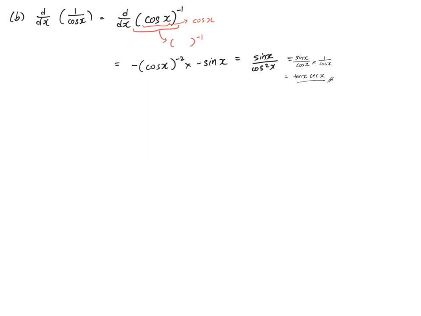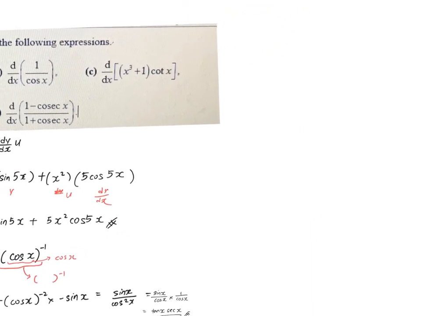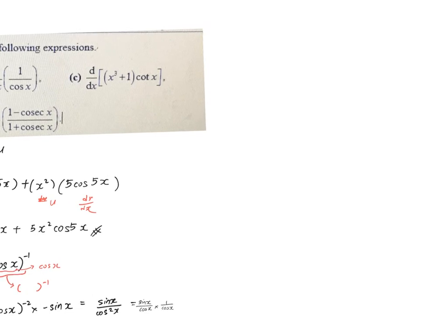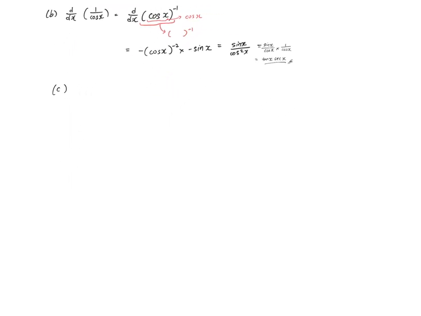For part C, it requires us to differentiate (x cubed plus 1) cotangent x. From here, we just treat it like a product rule.